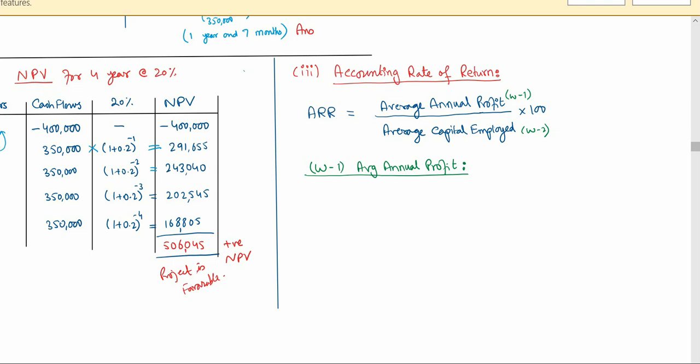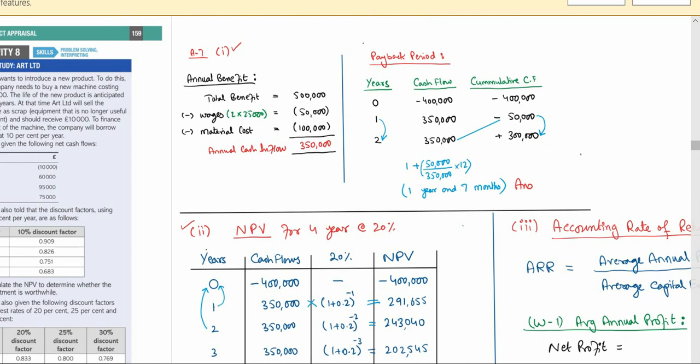For the profit, we are going to calculate the net profit, as per the given data. So we have the wages cost, we have the material cost, we have the benefit.